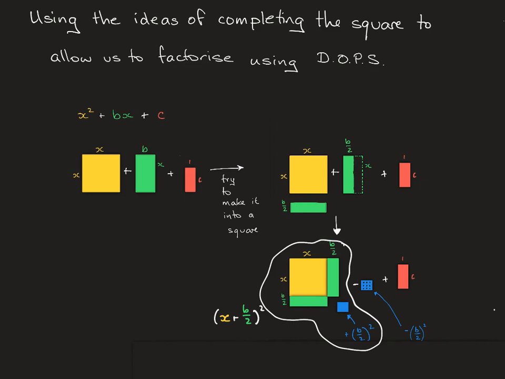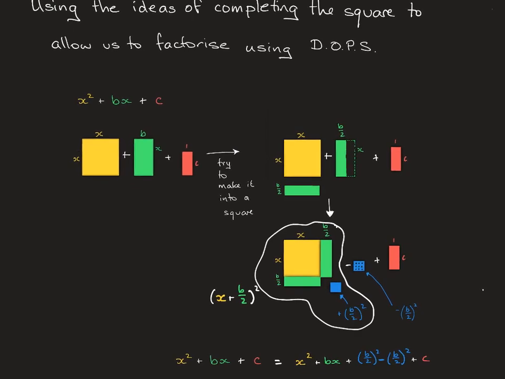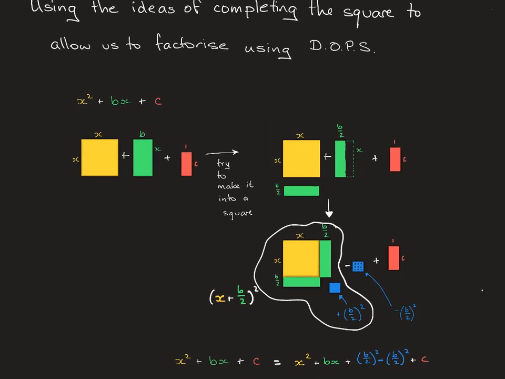So what that leaves us with is that our original expression, x squared plus bx plus c, is the same as x squared plus bx plus the little blue square we added in, take away the little blue square we added in, so we haven't actually changed the amount that we've got, plus the c on the end.